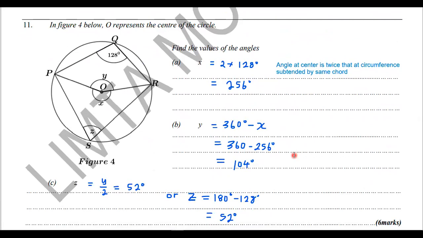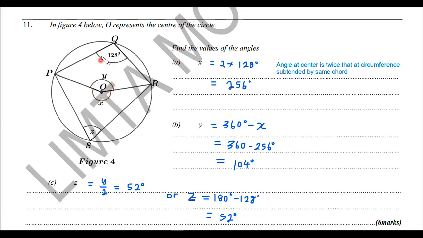Question 11. In figure 4 below, O represents the center of the circle. Find the value of angle X. You can find angle X directly, okay? Yes, because this is the angle at the center. This angle is 2 times the angle at the circumference.